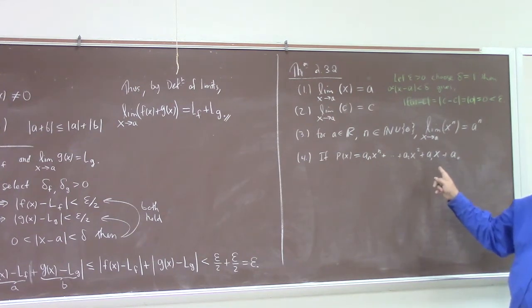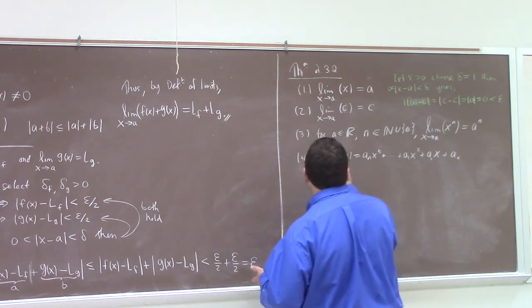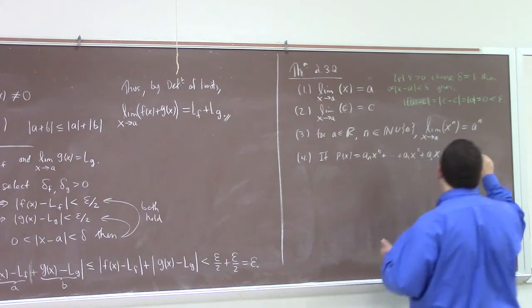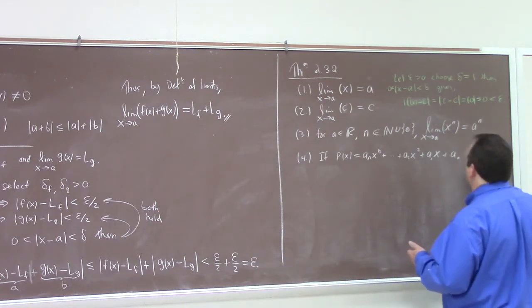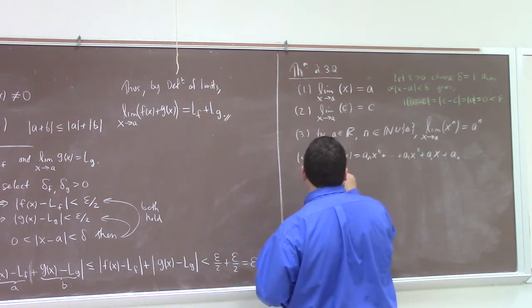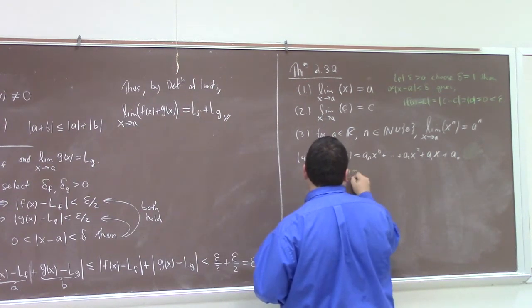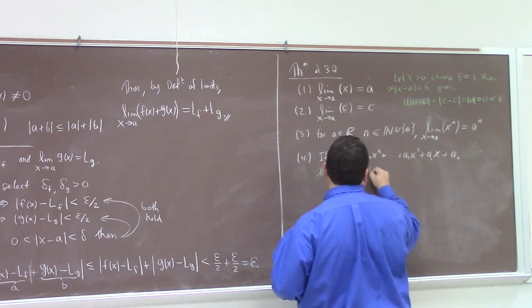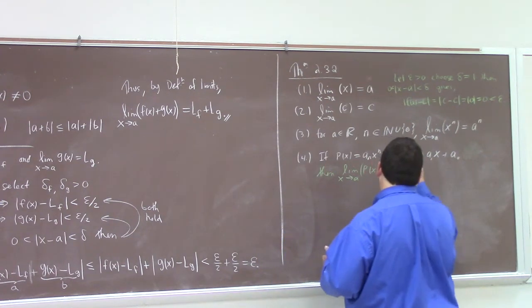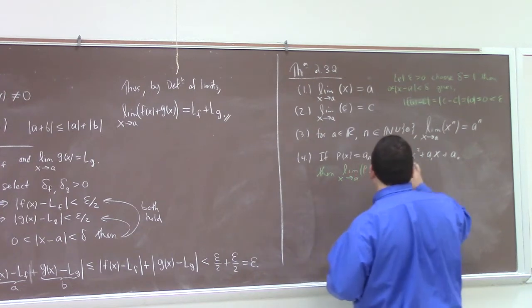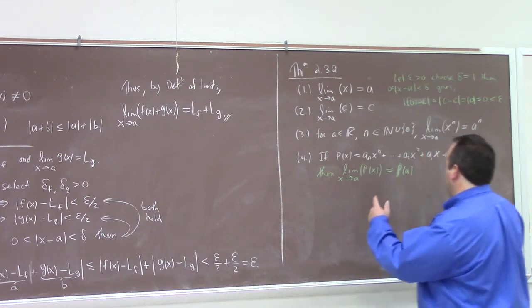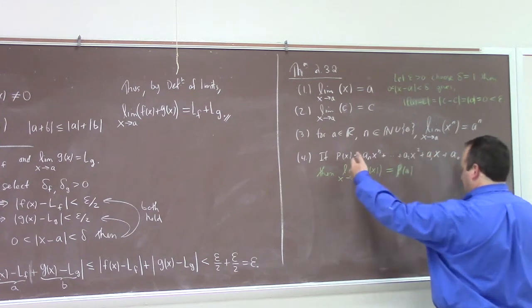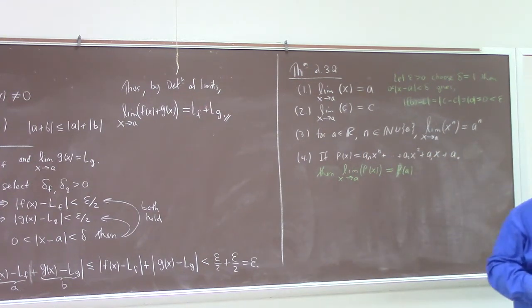Take the limit as x goes to a, guess what you get? Then the limit as x goes to a of p of x is just p of a, which is to say, I just plug in x equals a. So limits of polynomials are easy. You just plug in the limit point, and that's all there is to it.